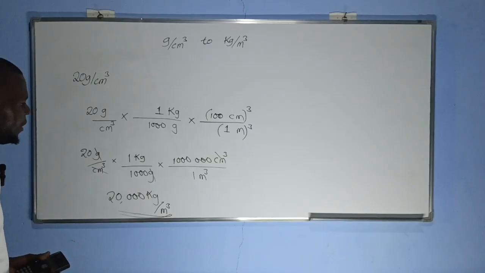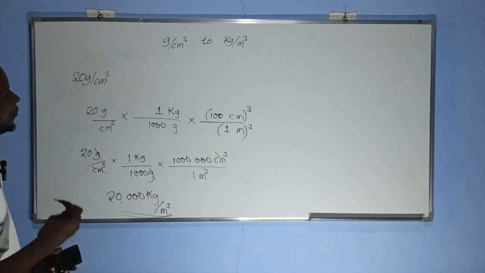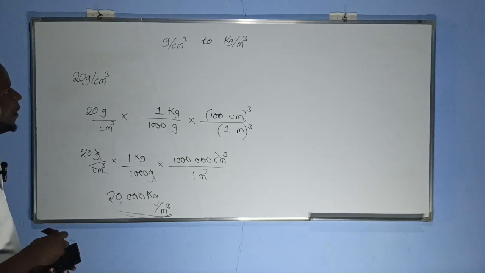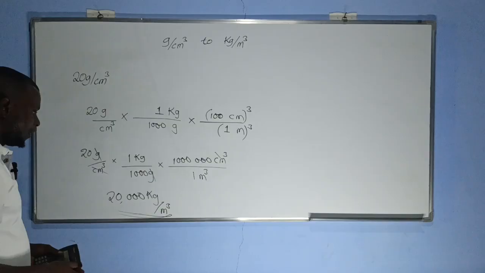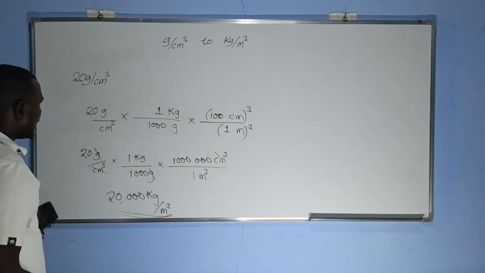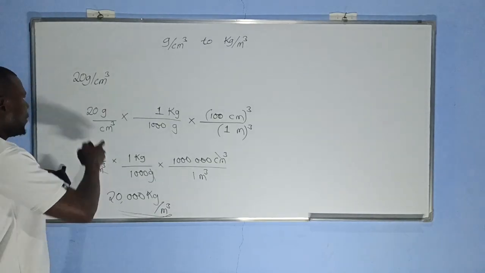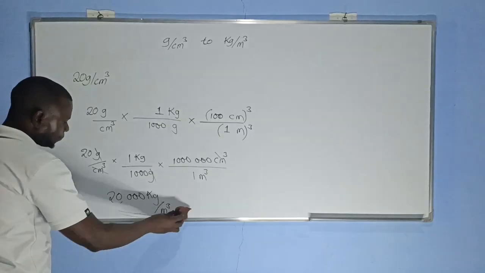So to finish it up, let's do the vice versa. Let's say we are converting now from kgs per cubic meter to grams per cubic centimeter. So we'll use our answer here and see if we can get it back to the original answer.